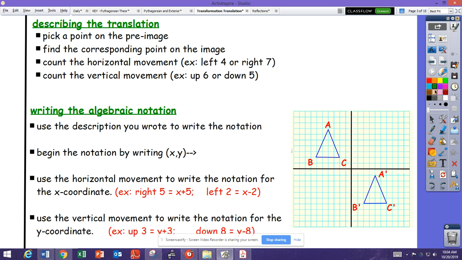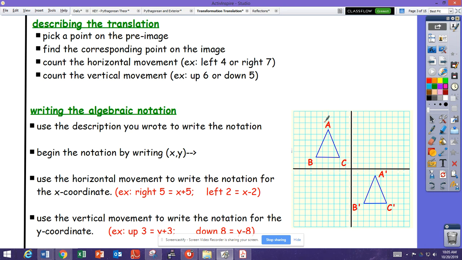First we want to pick a point on the pre-image. We know this is the pre-image because all the letters are just the letters by themselves.